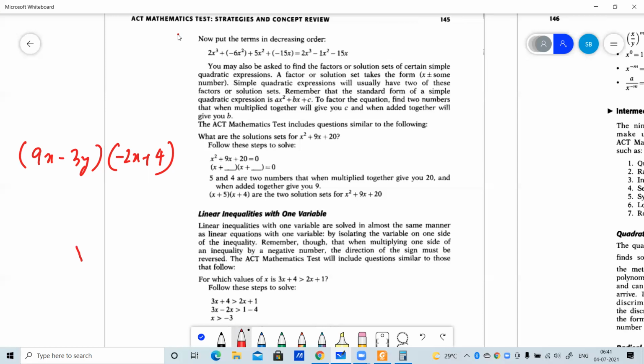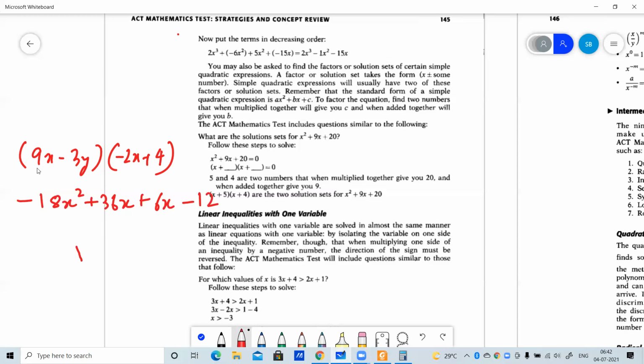What I got is negative 18x squared plus 36x plus 6x minus 12. And I don't know if I need to simplify it further. Negative 18x squared and then? Plus 36x plus 6x minus 12.